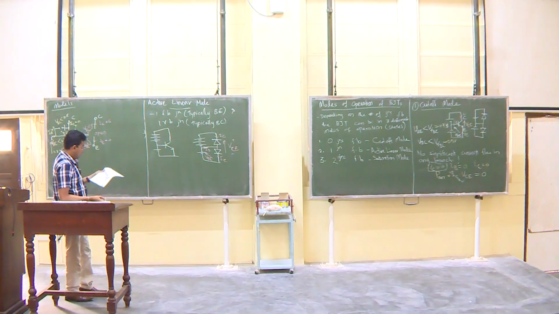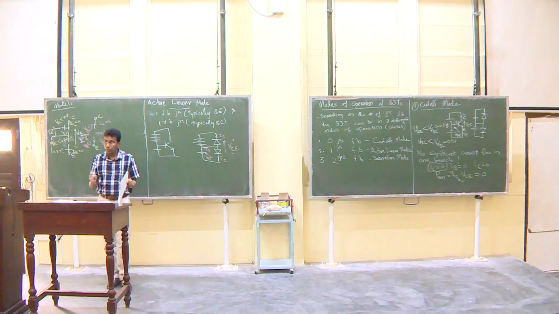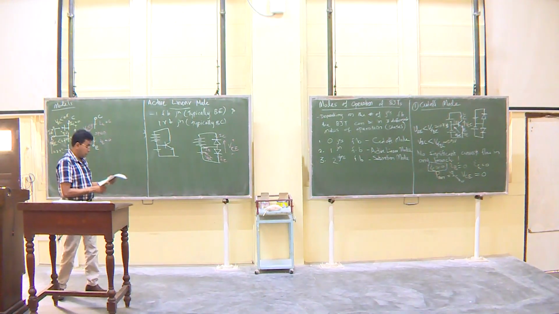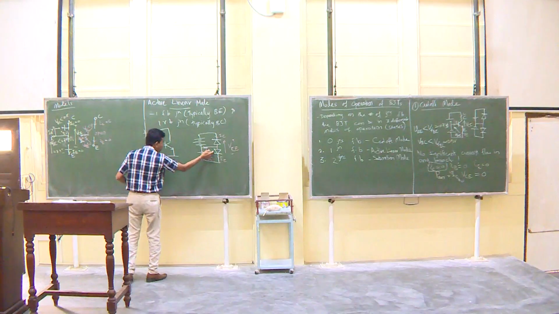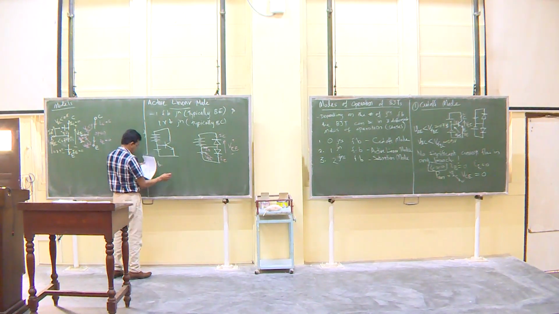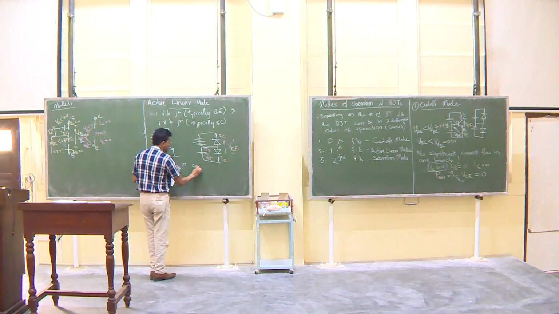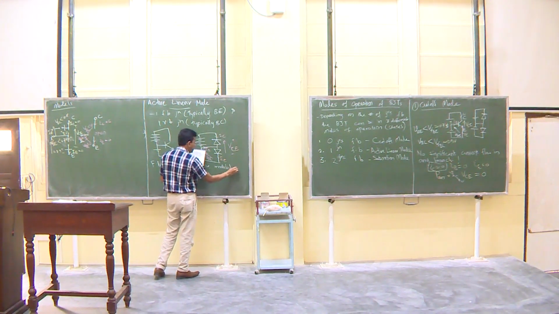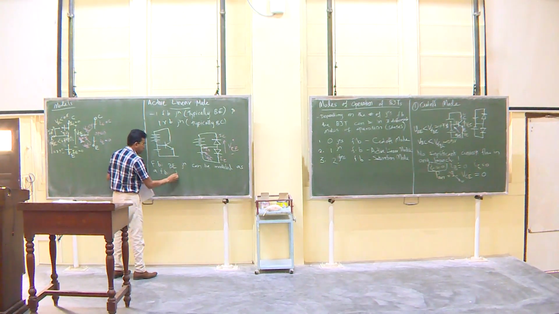Now, this diode is forward biased and it can be properly modeled using the Ebers-Moll model, right, only one. The base emitter junction can be modeled as a forward biased diode.